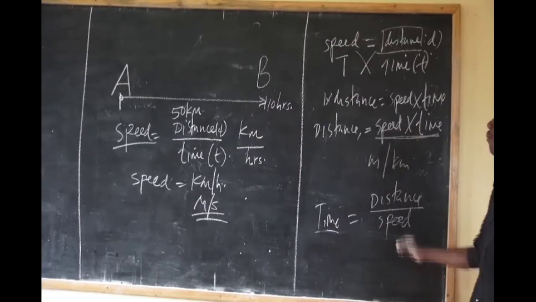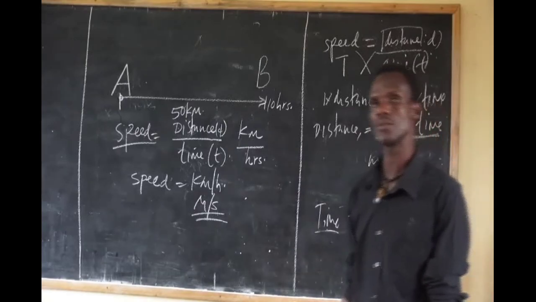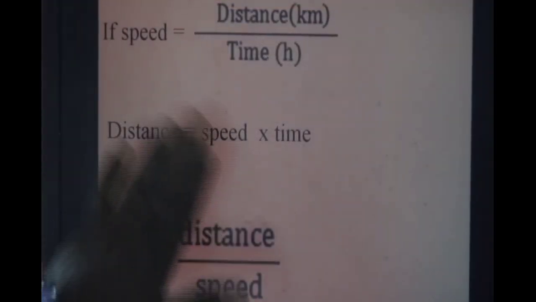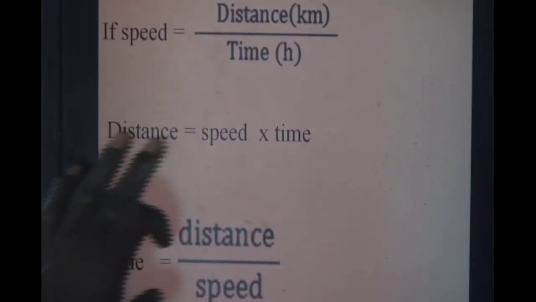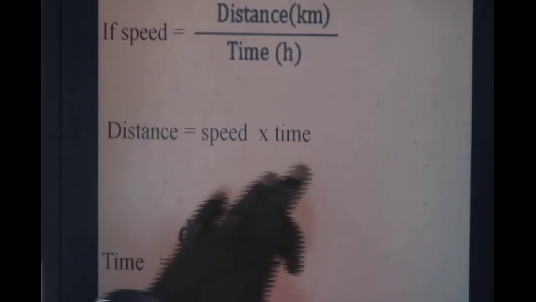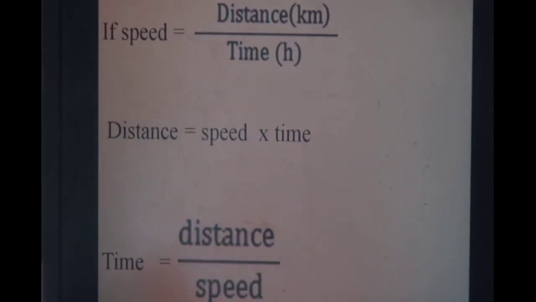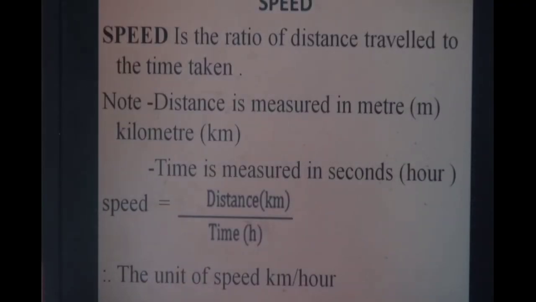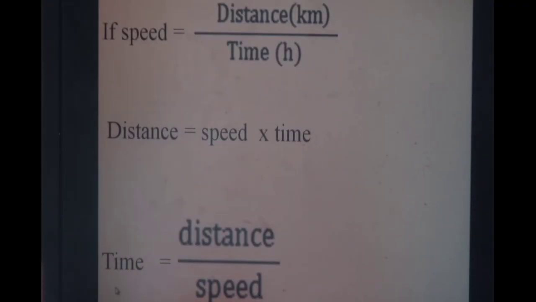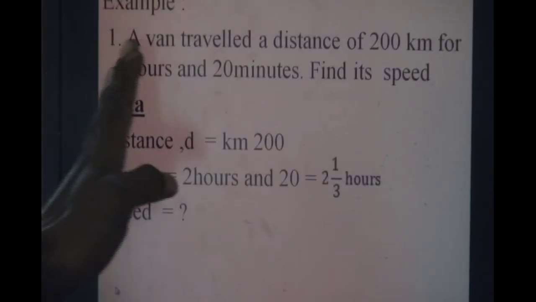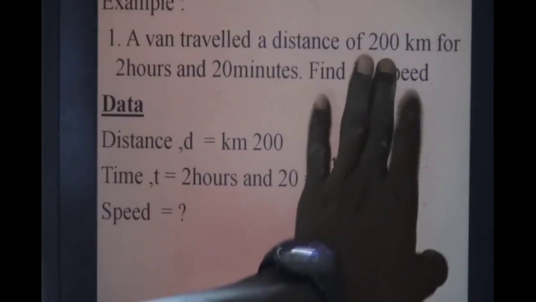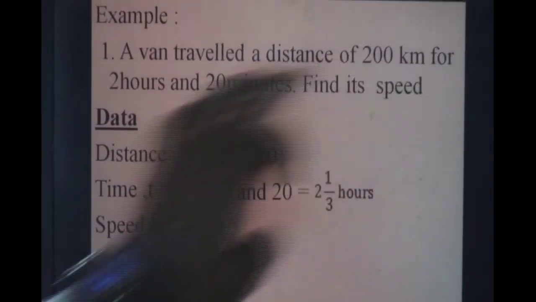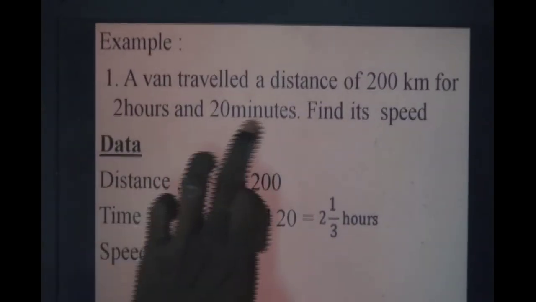Now let us see some more examples on how to calculate. If speed is equal to distance over time, then distance is equal to speed times time, and time is equal to distance over speed. Example: a van traveled a distance of 200 kilometers in 2 hours and 20 minutes.